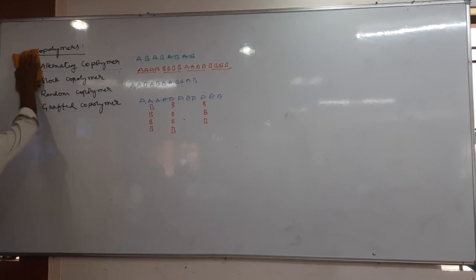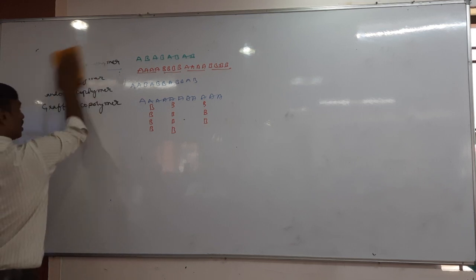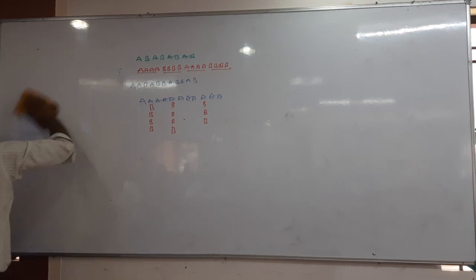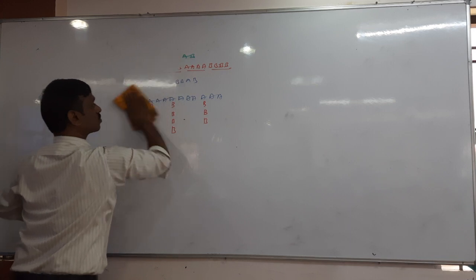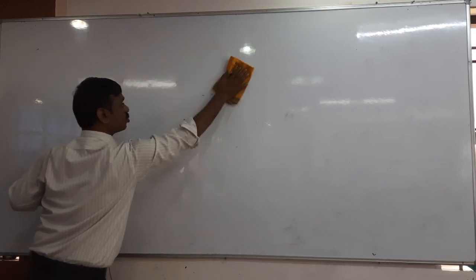Next, addition polymerization. Addition polymerization is also called chain growth polymerization.